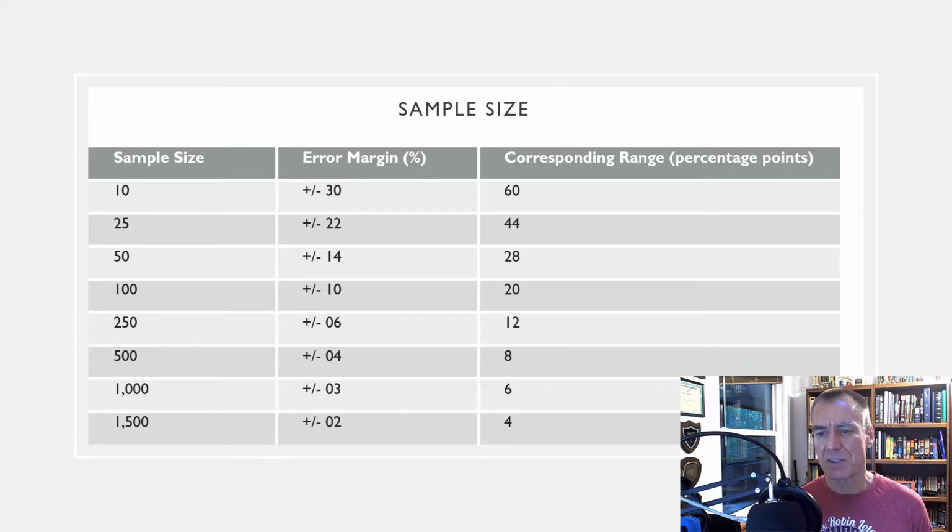And the margin of error can be so large that it makes the sample useless, or not very useful, or it can lead to confusion, because if people see numbers that seem impressive but are unaware of the sample size, it can be confusing. So, for example, if you have a sample of 10, the margin of error is going to be plus or minus 30, which has a corresponding range of 60 percentage points. So if you're going to be confident in your argument with a sample size of 10, that means that there's going to be this big margin of error.